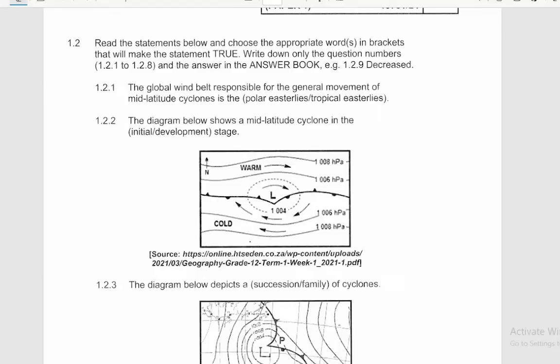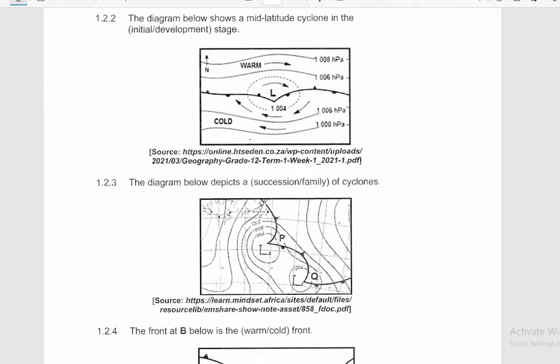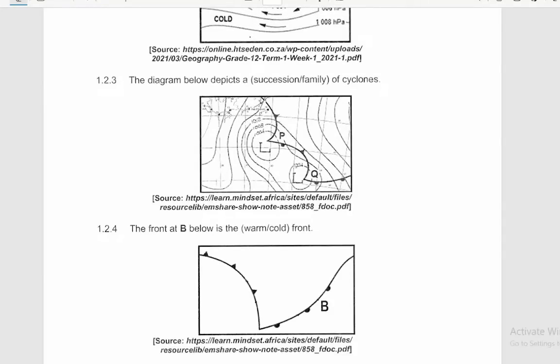The next question is talking about the diagram that depicts a succession or a family of cyclones. A family of cyclones, we are looking at cyclones that occur in series, multiple cyclones that occur in the same general area. But if you look at these ones, you cannot qualify that these are a series of cyclones. These cyclones are forming in multiples in the same general area over a relatively short period of time.